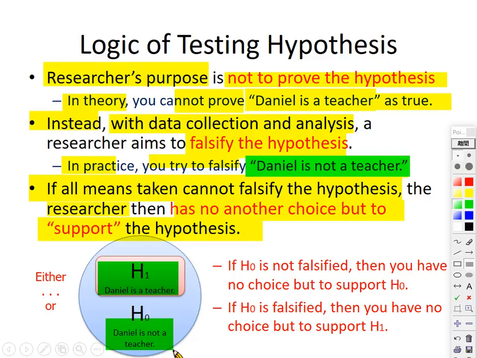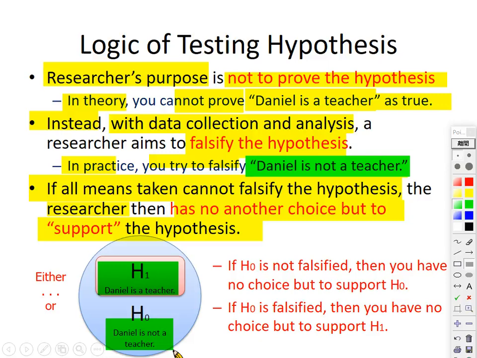The first try, one day she suddenly rushed into the classroom, tried to collect data to see if Daniel is not a teacher. And she collected data and found out what I'm teaching here. Her data showed that she could not accept the alternate hypothesis, right?